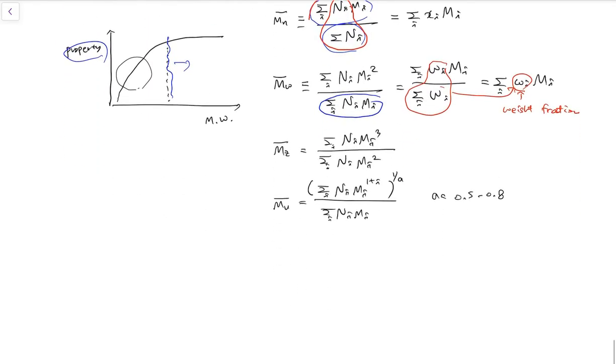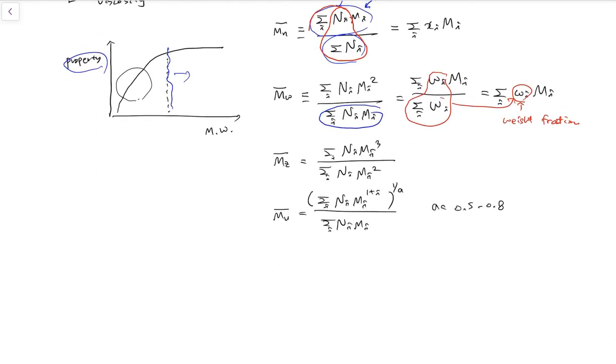So, if there is no molecular weight distribution, if all the polymer chains have exactly the same length, we call that situation monodisperse.